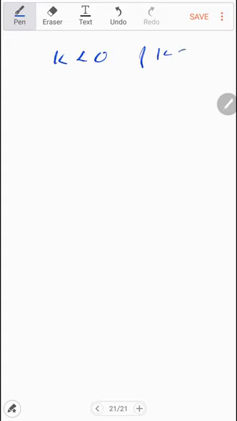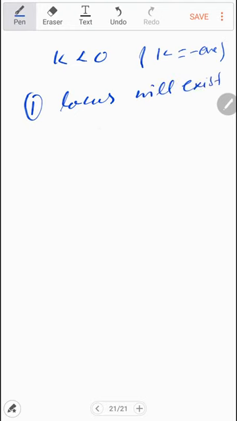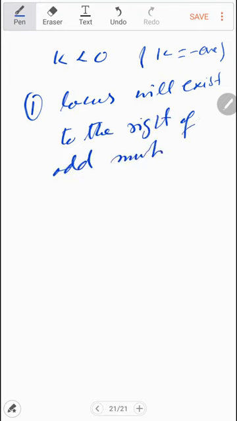When k is a negative value, then what will happen? Then we say that the locus will exist to the right of an odd number of poles or zeros.